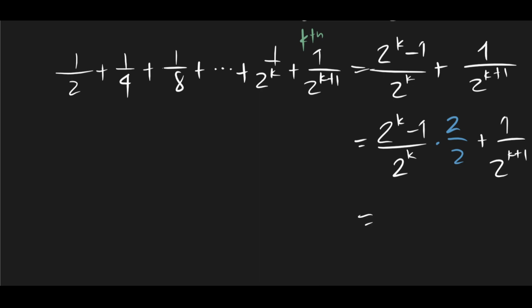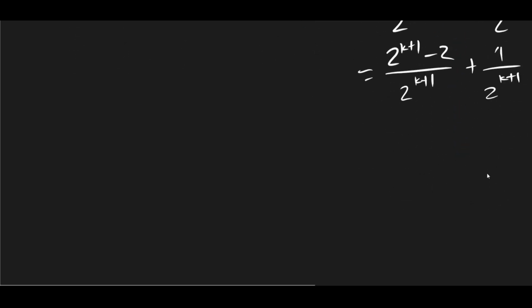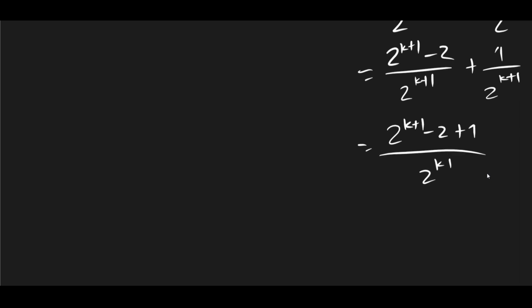If we evaluate that, you will get (2 raised to k plus 1 minus 2) all over 2 raised to k plus 1, plus 1 over 2 raised to k plus 1. Now that we have the same denominators, we can add: 2 raised to k plus 1 minus 2 plus 1, all over 2 raised to k plus 1. And then we can simplify this: (2 raised to k plus 1 minus 1) all over 2 raised to k plus 1.